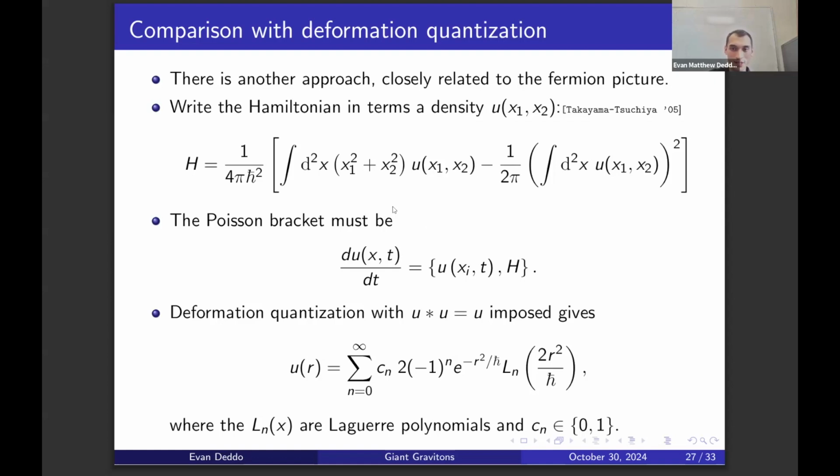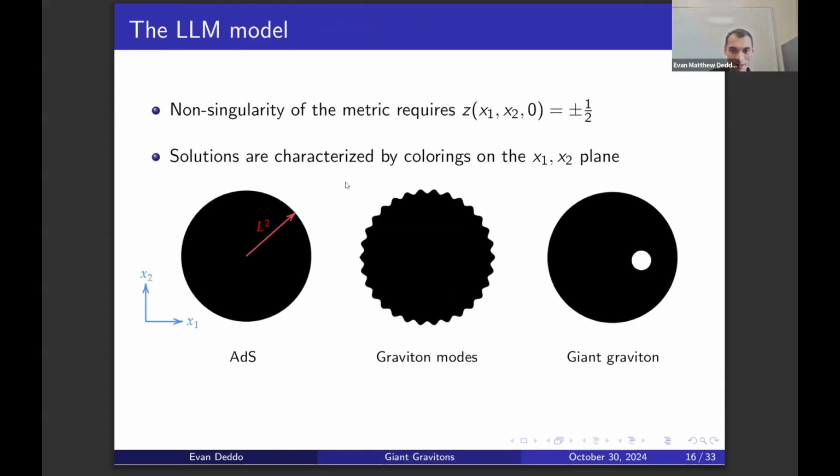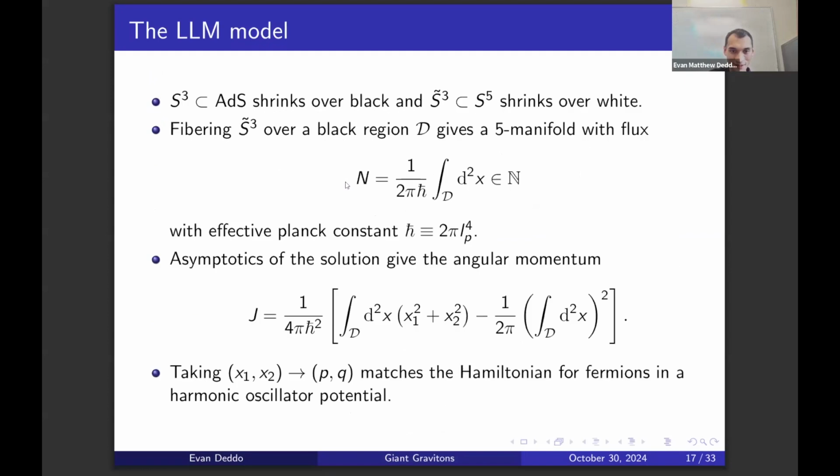In this picture, which is more closely related to fermions, we can think about the Hamiltonian for the fermions, which we identified with J for the LLM phase space. For the expression for J, we were integrating just over droplets.